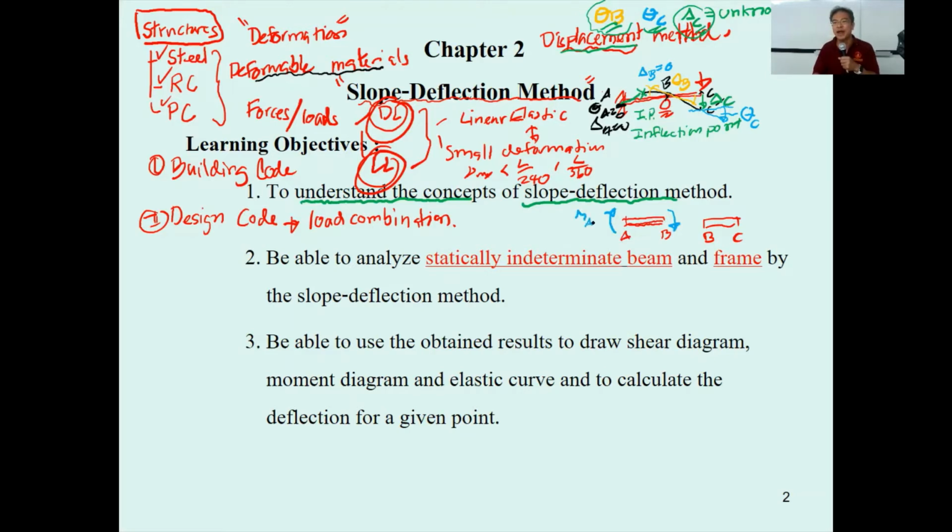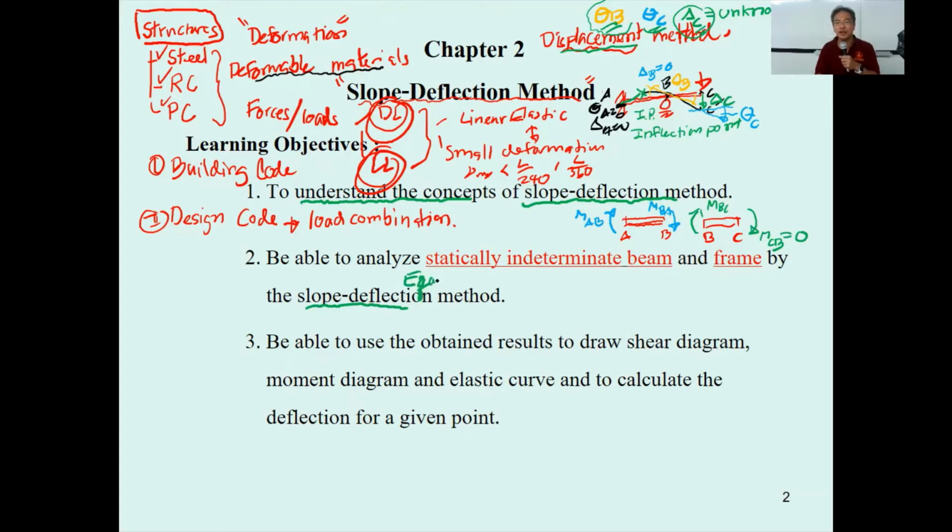We call it M sub AB, and this one we'll call M sub BA. Also, you may consider this one in the clockwise direction, M sub BC, and the last one over here is M sub CB. You know M sub CB is 0. But anyway, you have the slope deflection equations.